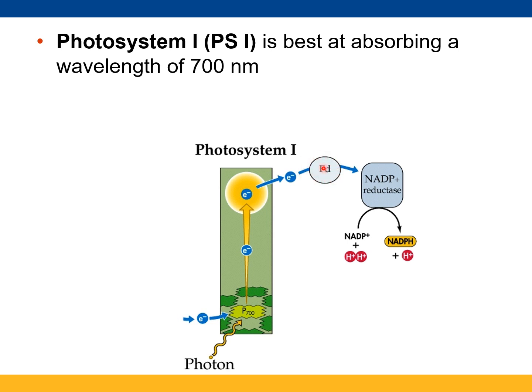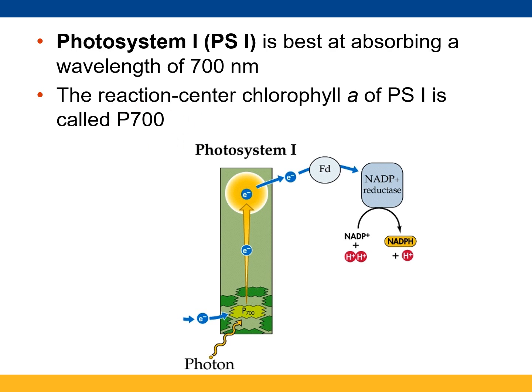Ferredoxin, F-E-R-R-O-D-O-X-I-N. And ferredoxin in turn will hand off the electrons to an enzyme called NADP plus reductase. It is reducing NADP plus. It adds those electrons and the protons come along for the ride. We get NADPH.